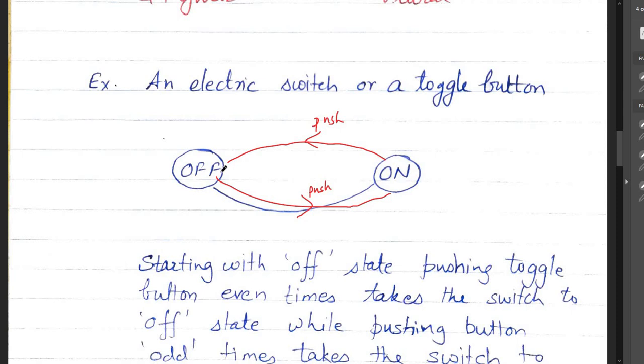If you start at state off and you push it an even number of times, you will end up at state off.